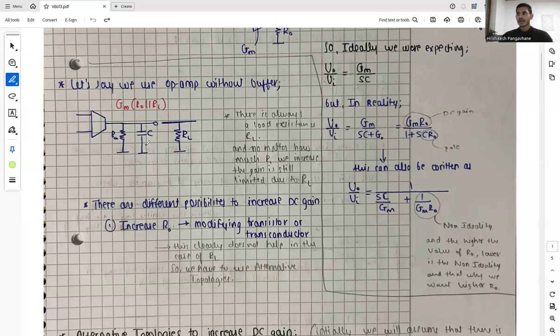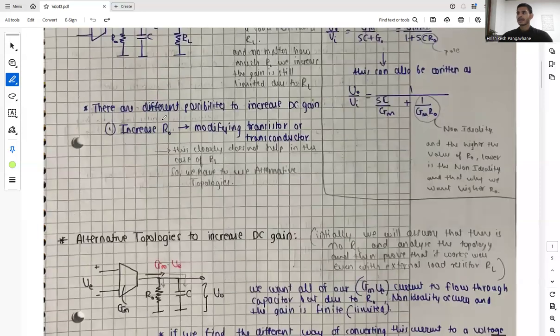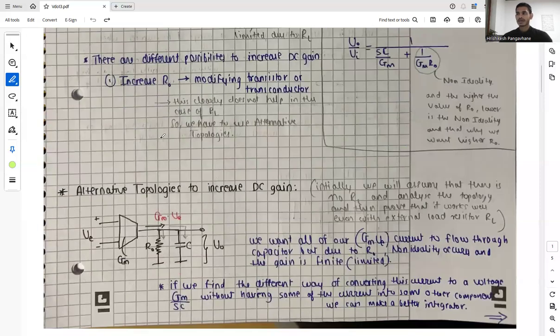There are different possibilities to increase the DC gain, one of which is increasing the value of r naught, and this is done by modifying the MOS transistor or the transconductor we are using, but this clearly does not help in the case of RL, so we have to use alternative topologies, and this is how we move towards better performance of our op-amp.